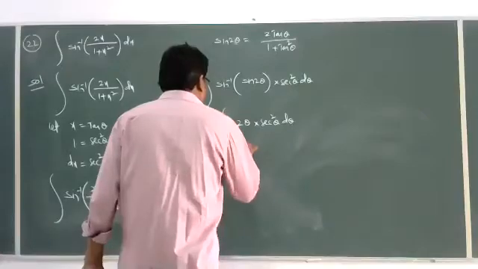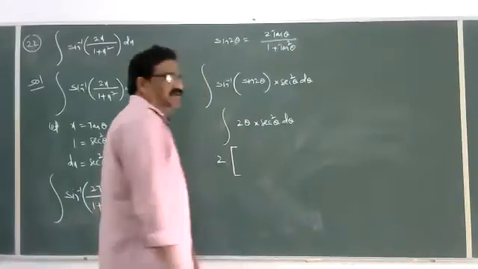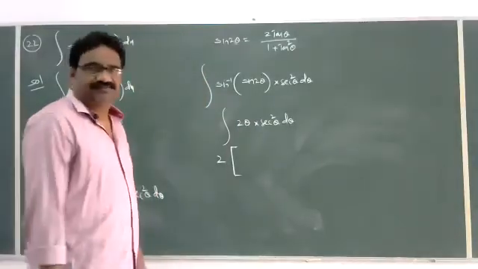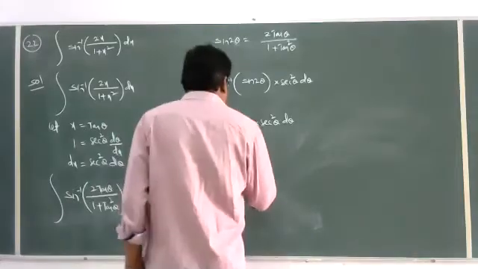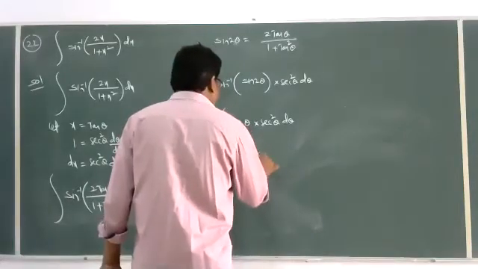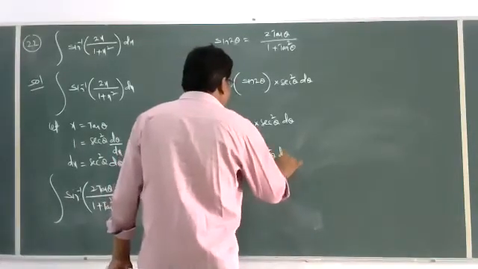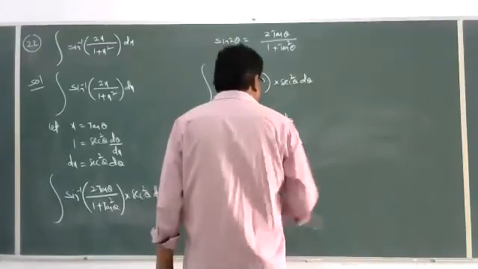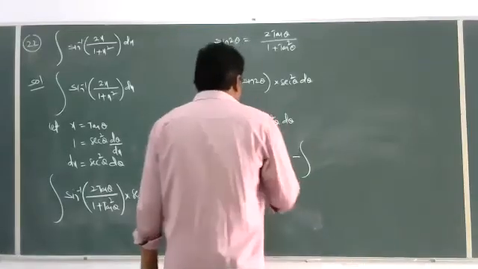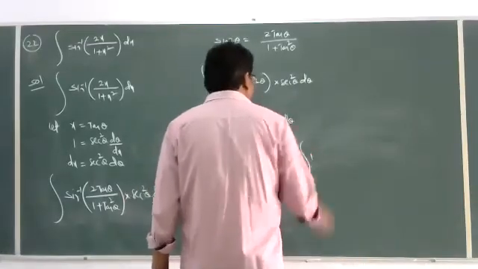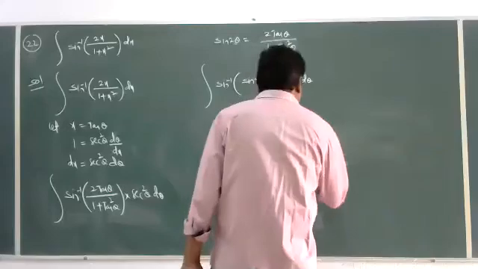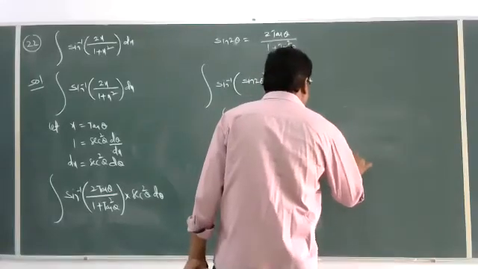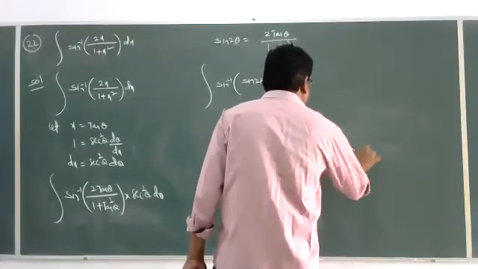After 3 days, all forget the formulas and process. That is theta, the first function, into the integration of secant square theta d theta, minus the integral of the derivative of theta with respect to theta, which is 1, into the integration of secant square theta d theta, for the whole d theta.